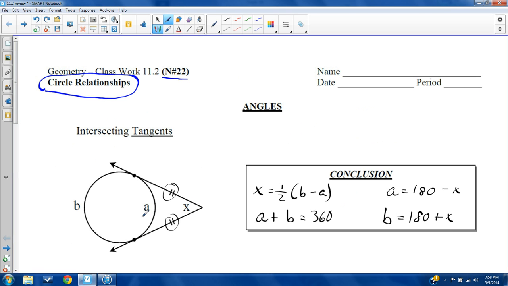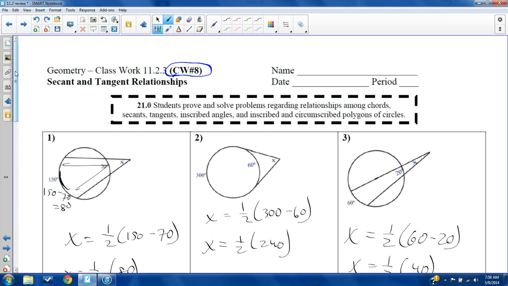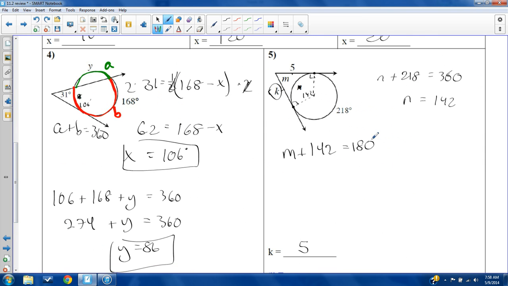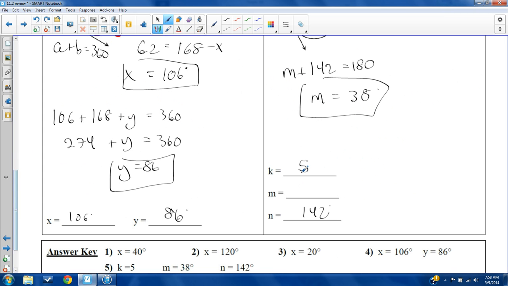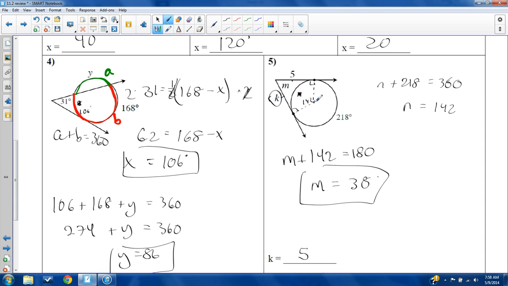Here's x. 142 is our a. A, like 142, equals 180 minus x. Okay? We had that, but we have to set it up the other way to solve for this as we go. Let's just go ahead and subtract 142. We get m equals 38 degrees. Right there. Again, I was using the rule, but I wanted to talk about that one more time because it's something that you don't see, right?